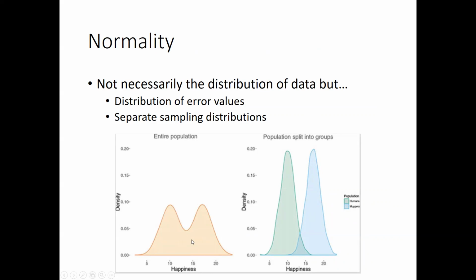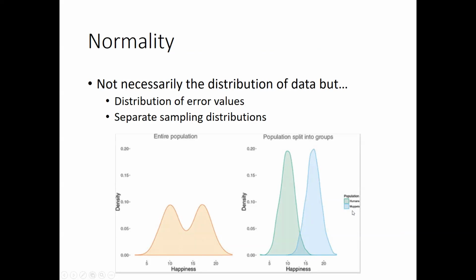A large proportion of the population rate their happiness at a 10, and another large portion rate at like a 17. However, the true mean may be in the middle, but when you look at the error values, you actually find them to be distributed separately.